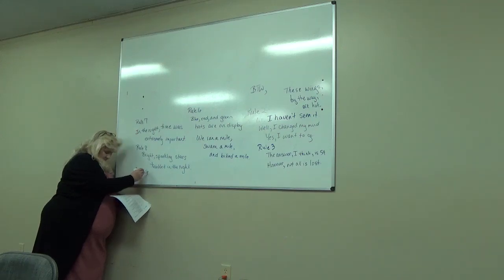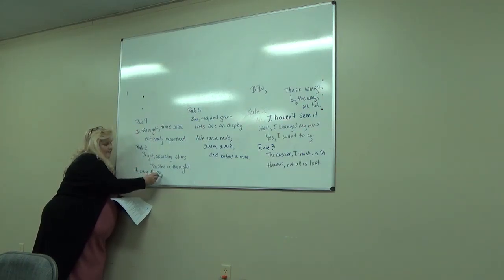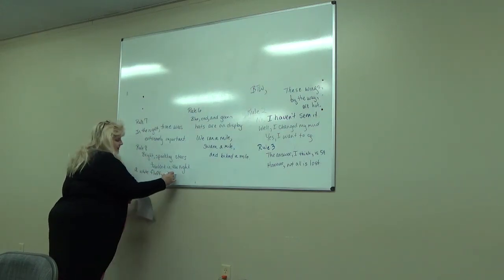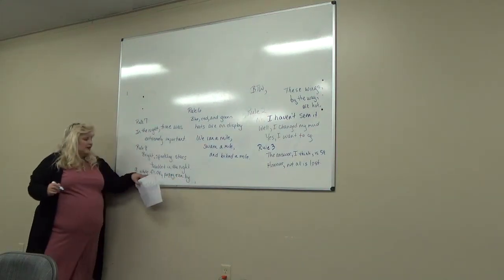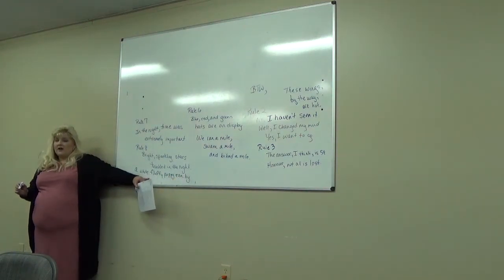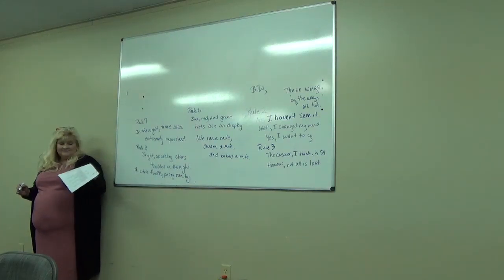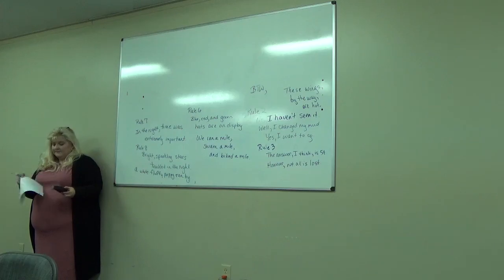Hold on. So if I say a white, fluffy puppy ran by, I don't put a comma between white and fluffy. Okay?